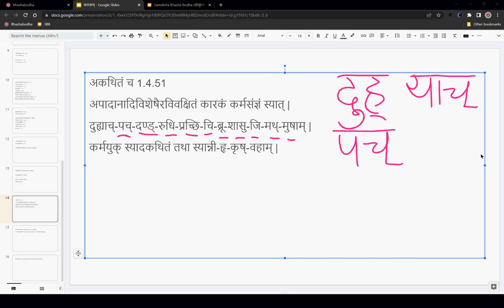So they are the prayogas. Prayoga means what? The person who is stating is trying to avoid the other karakas on those words. Other karakas means what? Which are the other karakas other than karma?